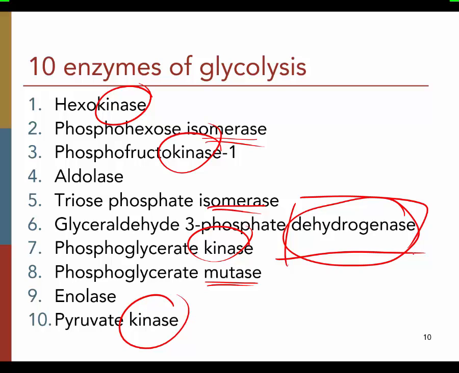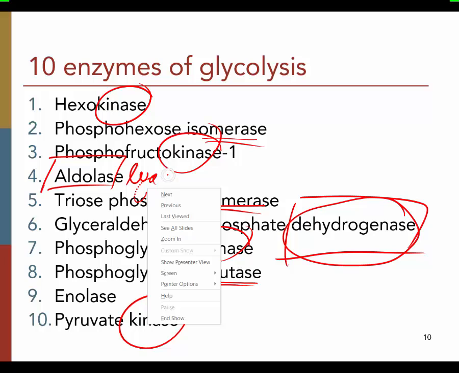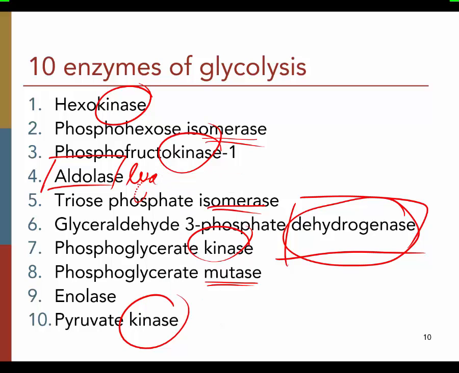That's an oxidoreductase. Here's where we're going to see some electrons moving around. And we're running out of symbols. Aldolase is actually a lyase, so we're going to see double bonds formed and made. We're going to see each of those individually.